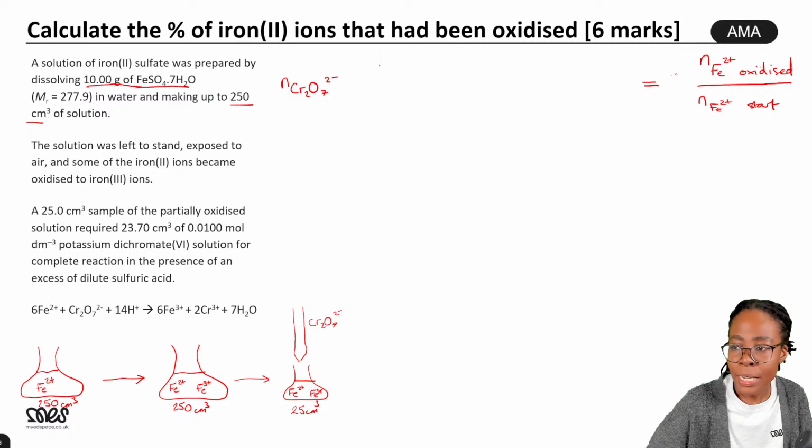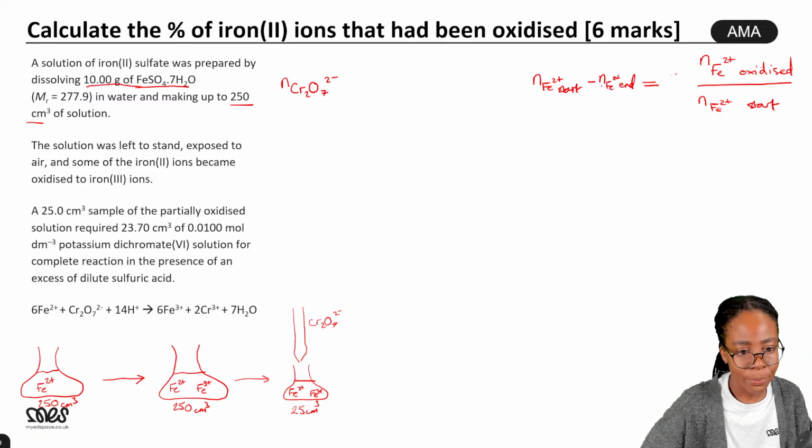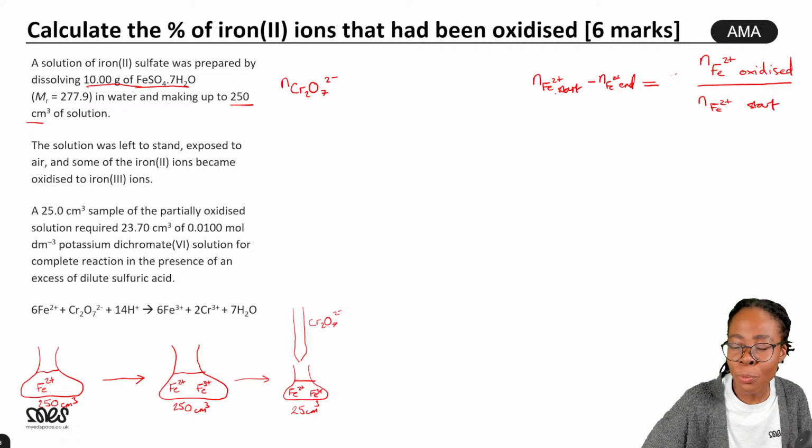Okay. To find the number of moles of Fe2 plus that were oxidized, that is going to be the moles of Fe2 plus that we had at the start minus the moles of Fe2 plus that we have at the end. Again, we already know the number of moles of Fe2 plus that we have at the start.